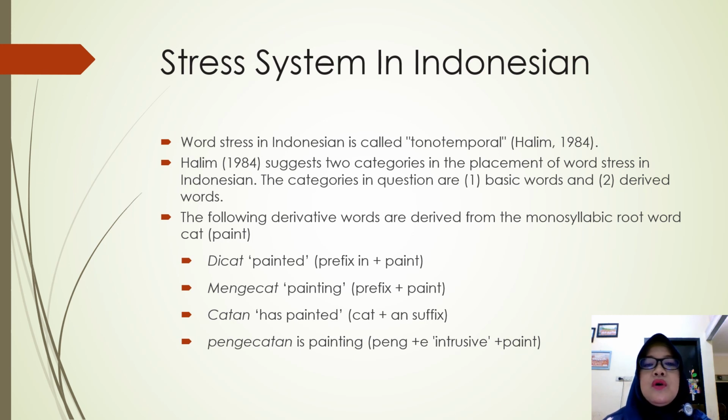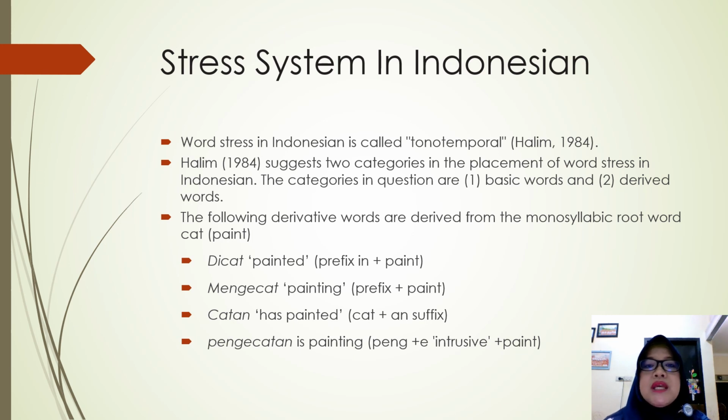In order to obtain a satisfactory study of the distribution or placement of word stress in Indonesian, Halim in 1984 suggests two categories in the placement of word stress in Indonesian. The categories in question are basic words and derived words.